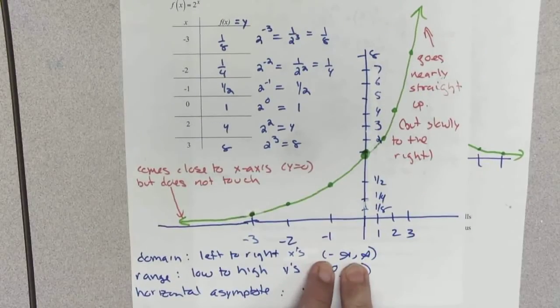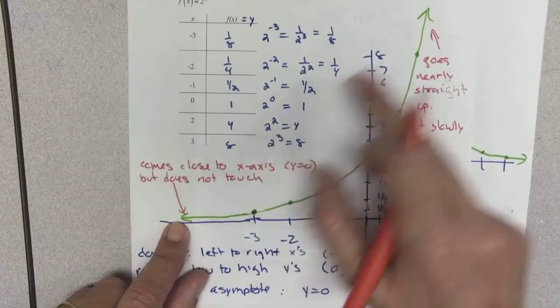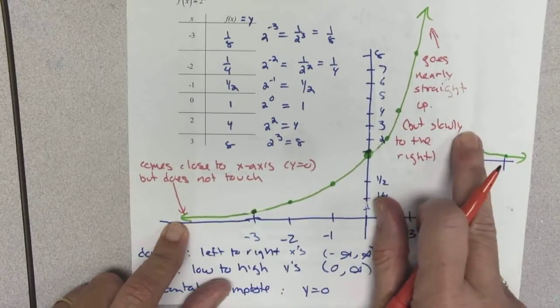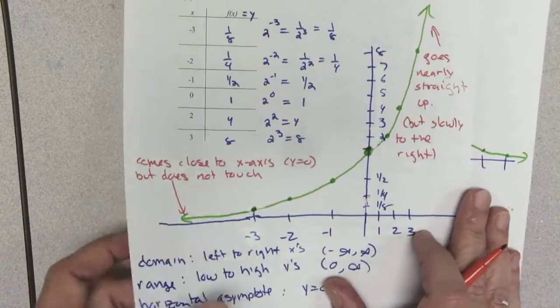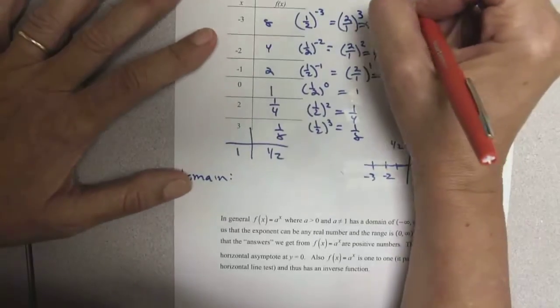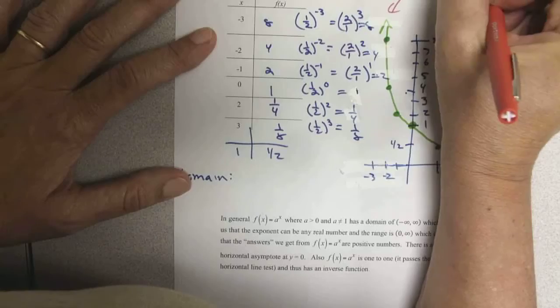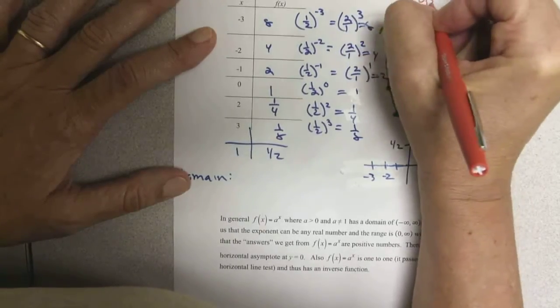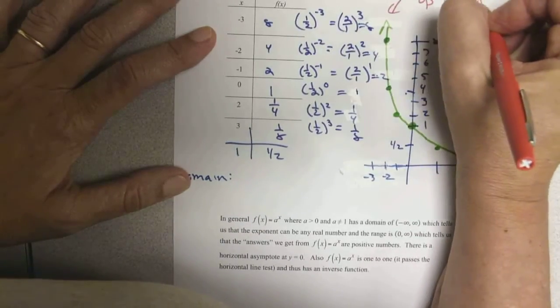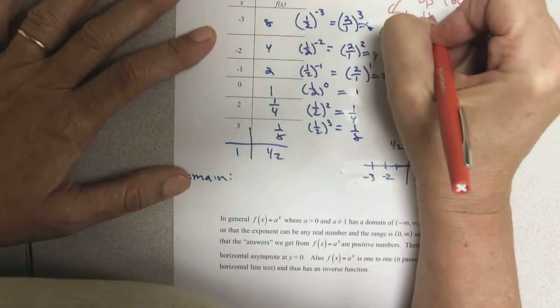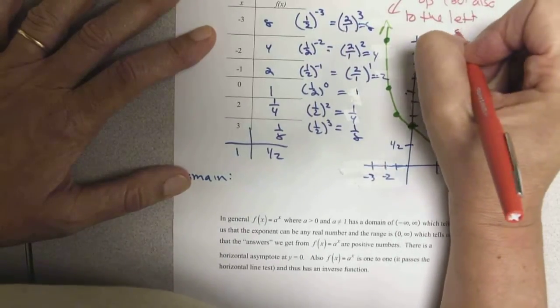Which is why we got -infinity to infinity, that it was going left and right forever. It's going slowly to the right here, but it is going to the right. Over here, still nearly straight up, but also to the left slowly.